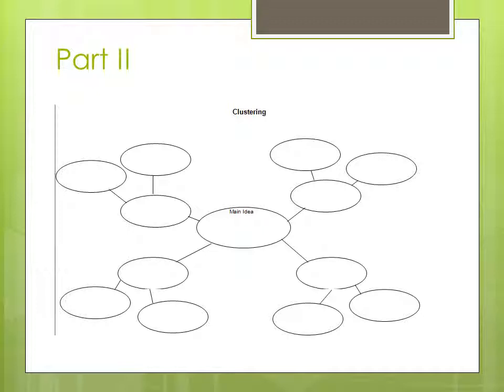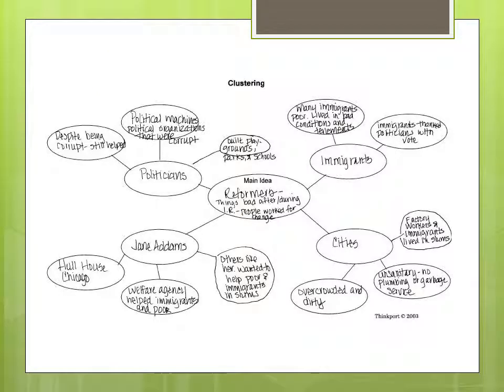And then you would write 2 facts about that immigration from Europe. You would take another subtopic, like maybe something about what immigrants did in their communities, and you would write 2 more ideas about that. So you're going to take that main idea, and then you're going to provide me with additional information. So what does this look like?